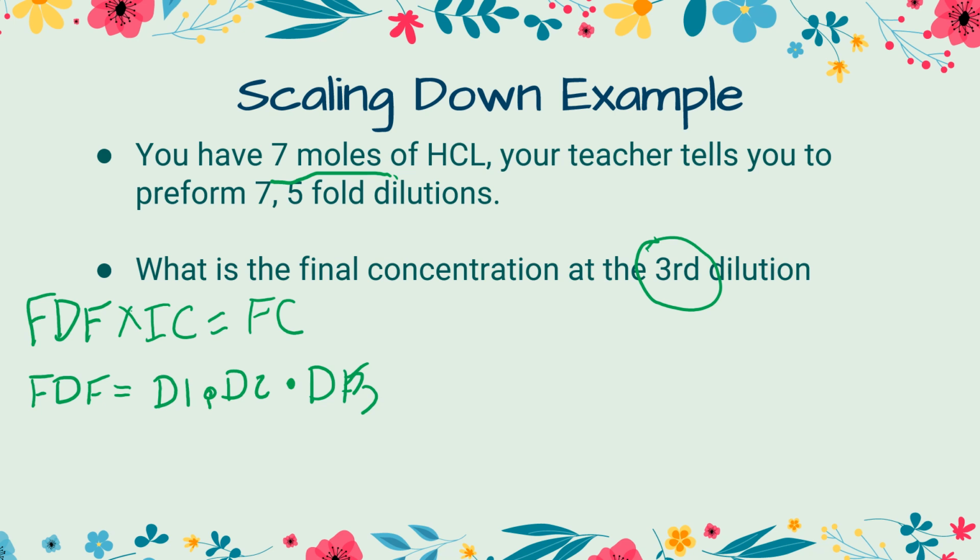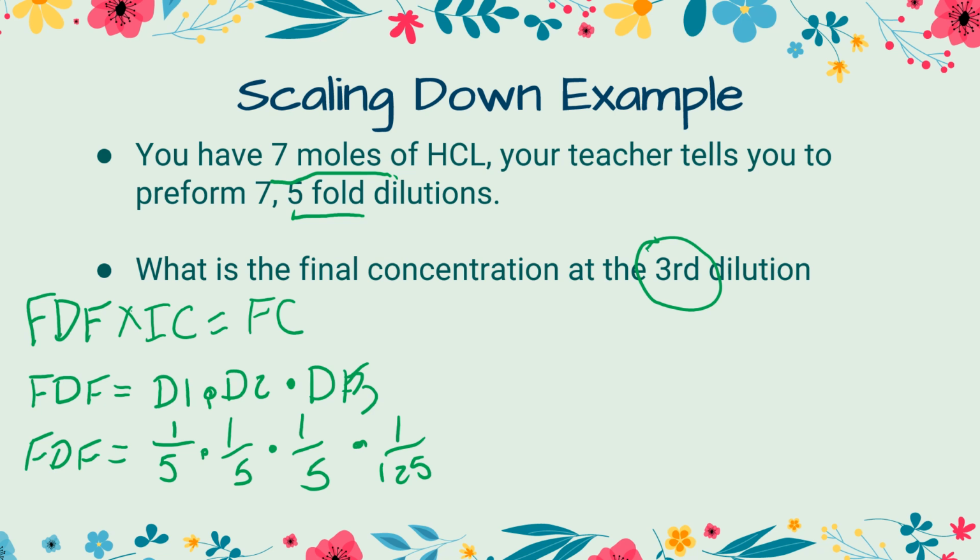If we remember from our vocab, a fold is telling you what the dilution factor is, and that is 1 over 5. So 1 over 5 times 1 over 5 times 1 over 5 will equal my final dilution factor. And that equals 1 over 125.